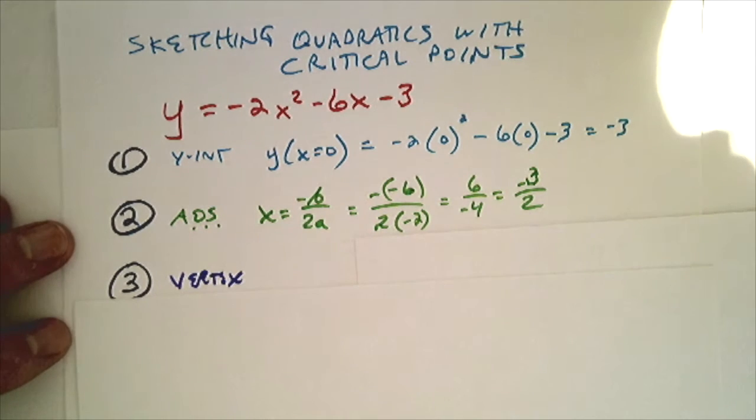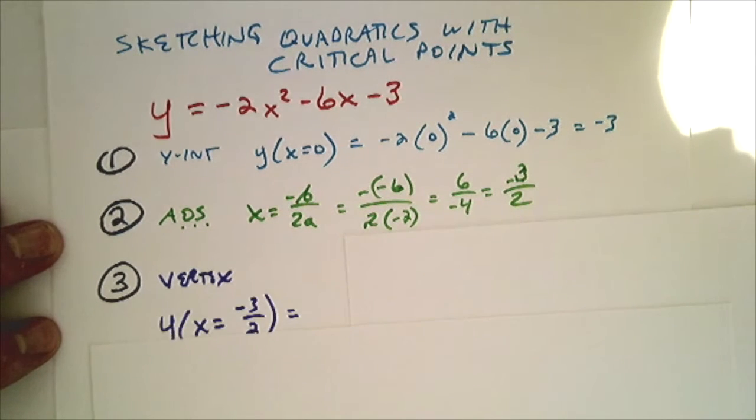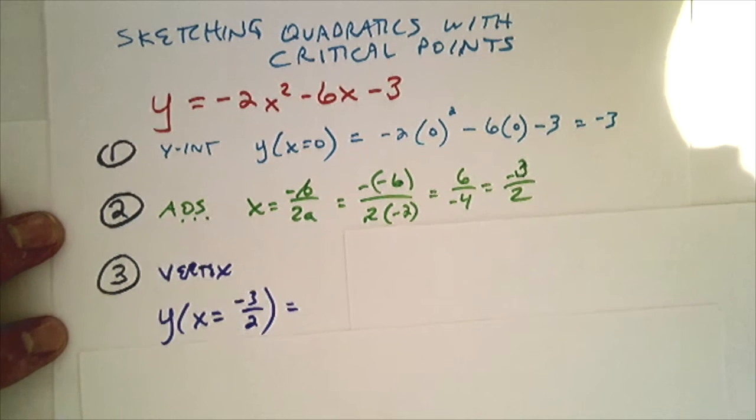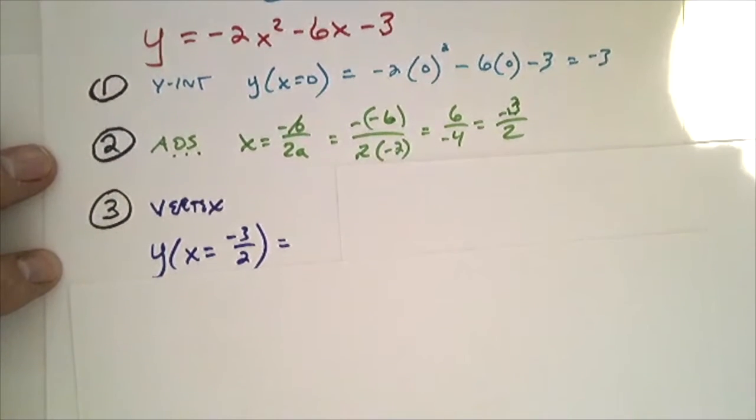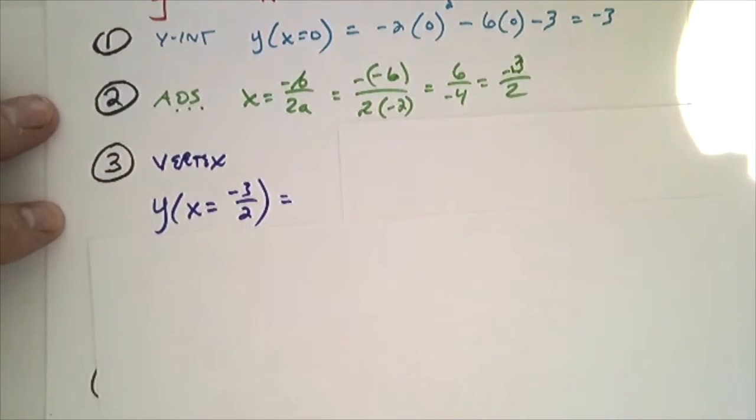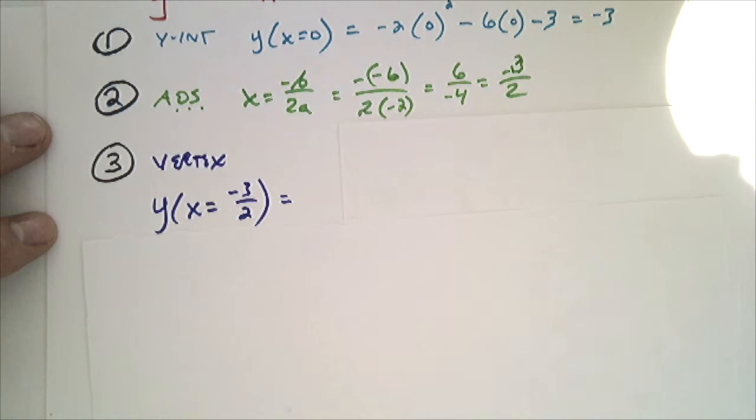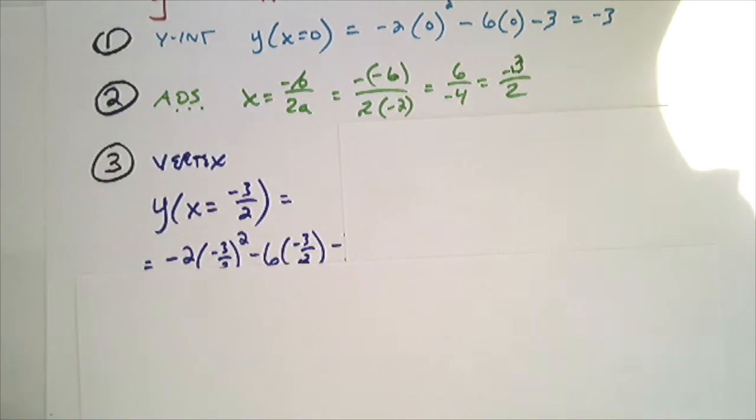Next piece is the vertex. Vertex is that very farthest point, either the highest or the lowest point. To find that, we take the axis of symmetry, the x value, and put that in for x in the function, and we determine that y value, how high up it goes.